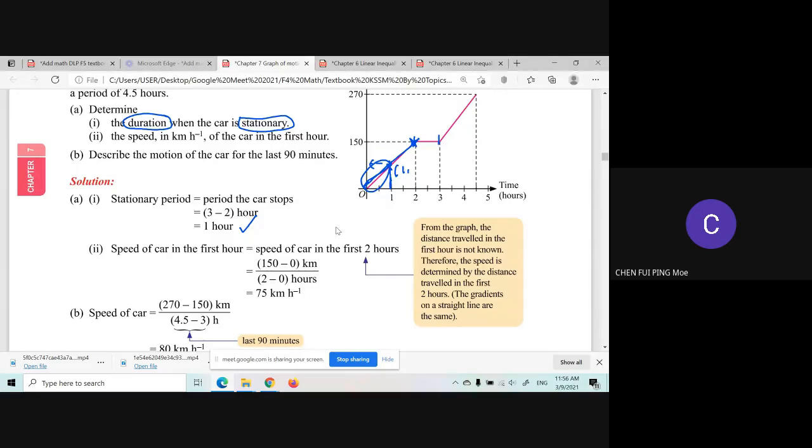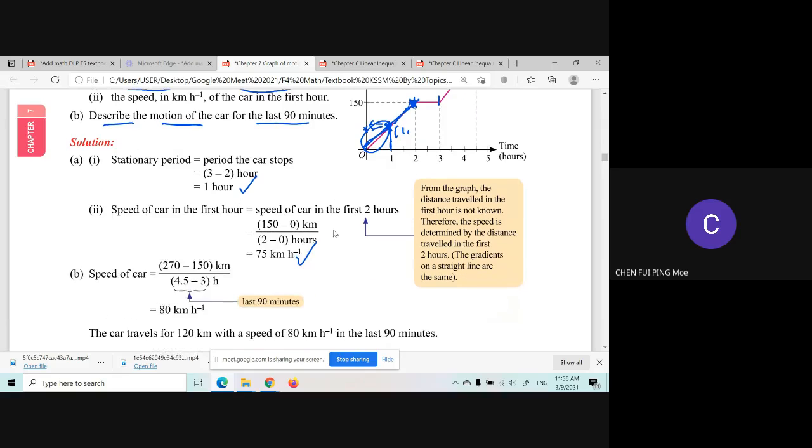Because this is a straight line, so the gradient will be the same along the whole straight line. If you know this point, you use this point to find it, but now we don't know, so we use this point. So calculate, getting 75.